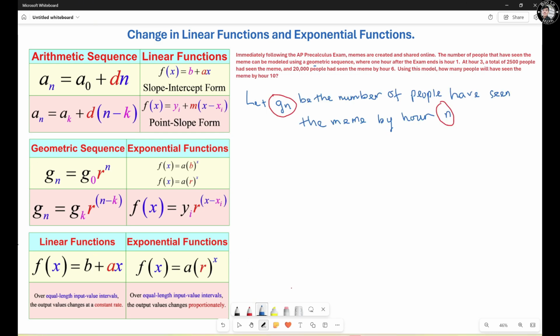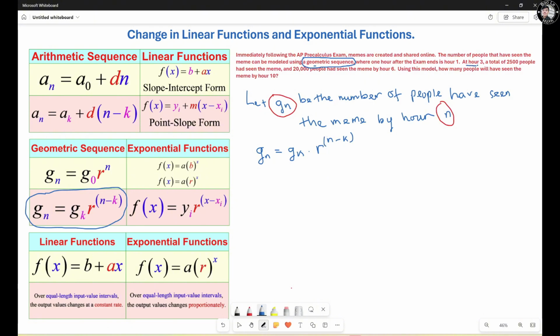Now we're going to use the formula g sub n equals g sub k times r raised to the n minus k, because the question gives us the hint that we need to use a geometric sequence to model this problem. So we have g sub n equals g sub k times the common ratio to the power n minus k.